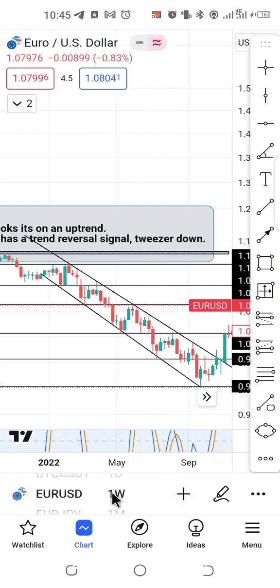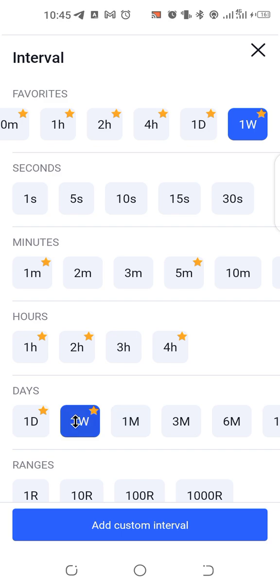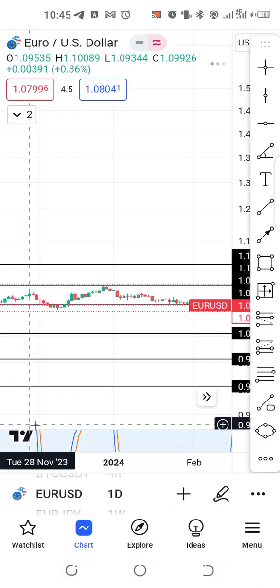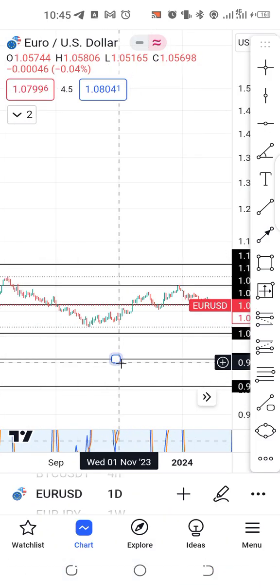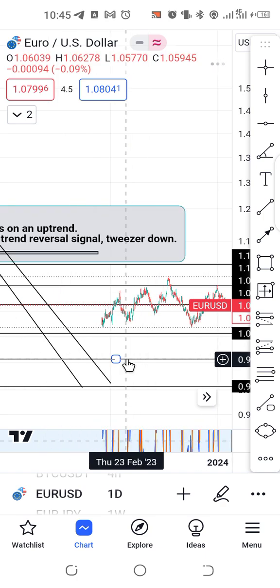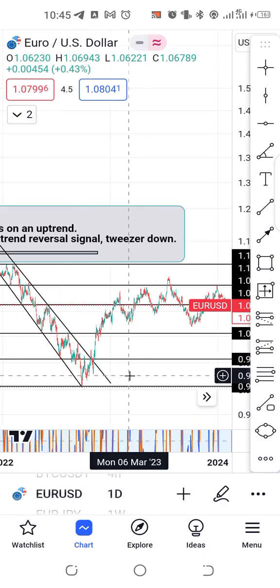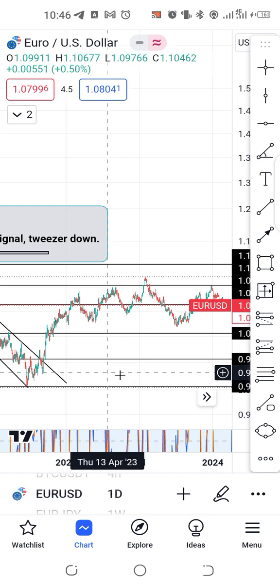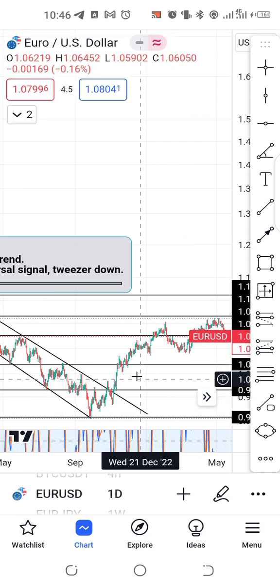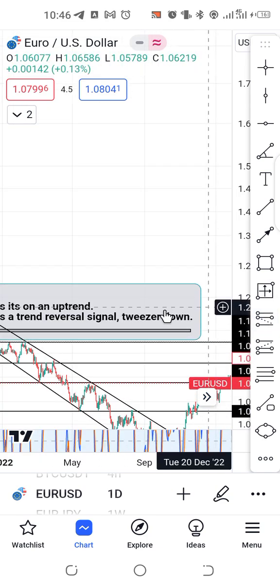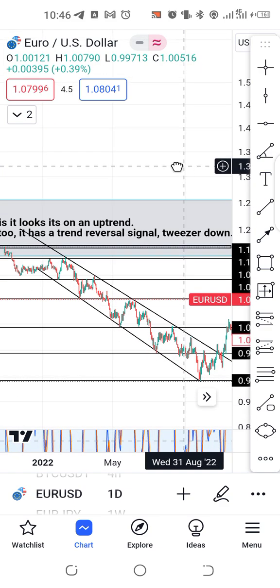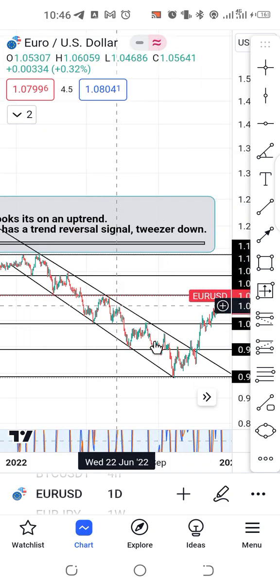Then you scale down to the daily time frame. From weekly you go to the daily to check if the market is respecting your monthly and weekly direction. You realize that here the market was also respecting the monthly and weekly time frames; the market was in a downtrend.